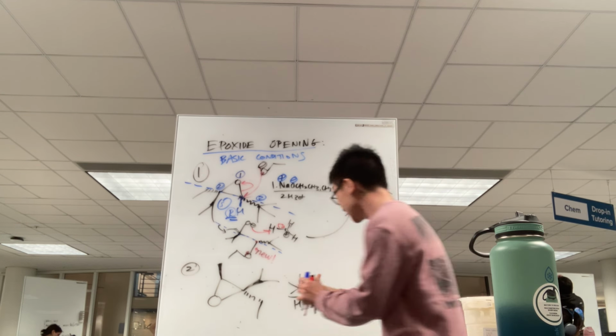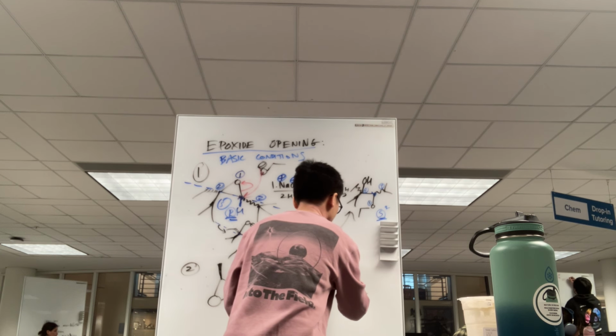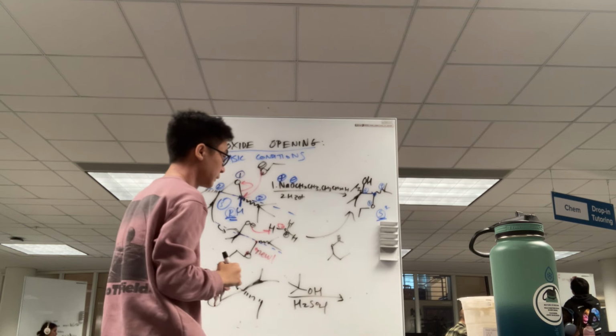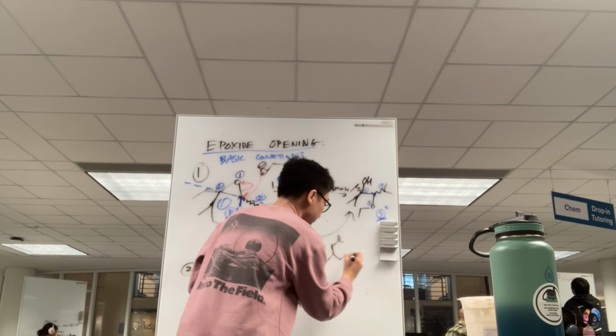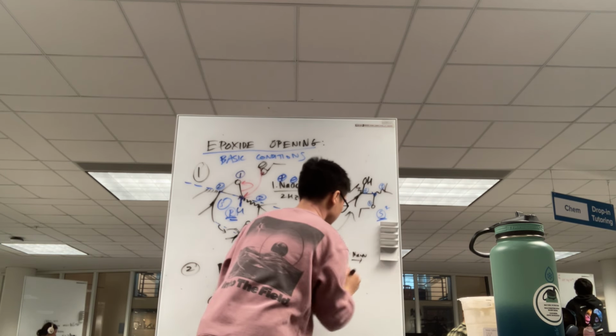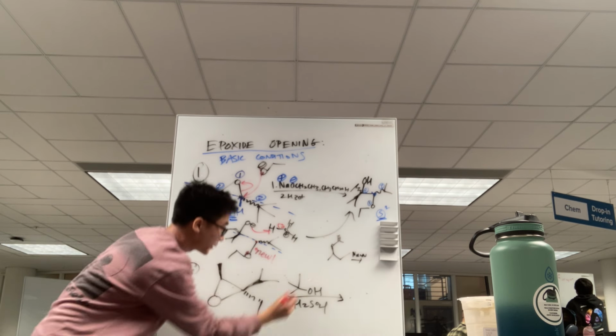Because an example of that would be something like this, where if you have, let's say, this good leaving group, and then you react it with NaCN. What's the R and S of this carbon right here?